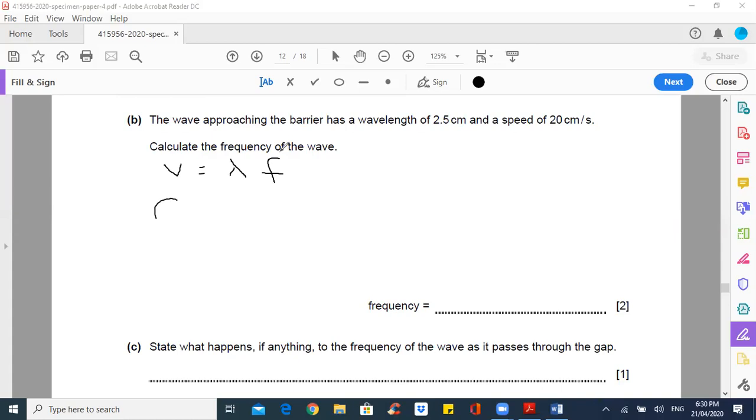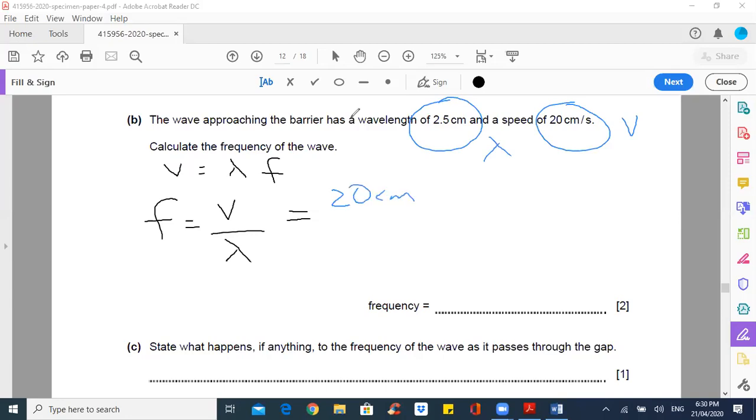So frequency is equal to v over lambda. This is your v here, and this is your wavelength, which is lambda. So your v is 20 cm per second divided by your lambda, which is 2.5 cm. The cm's cancel. 1 over s is frequency, which is 20 divided by 2.5. So you should have a frequency of 8 hertz. Good.